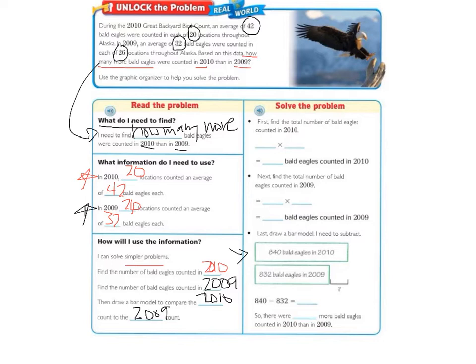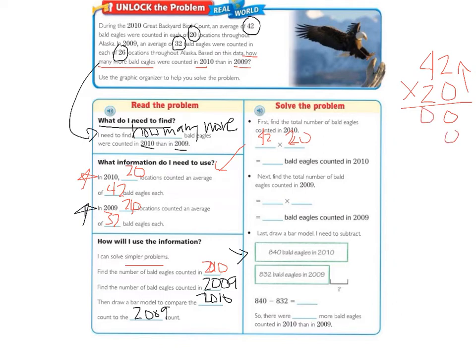The first thing that we're going to do is we're going to multiply 42 by 20, because these are our 2010 numbers. They're right here. So let's do that to the side. 42 times 20. Let's practice going old school multiplication. So 0 times 2 straight up. 0 times 2 is 0. 0 times 4 is 0.